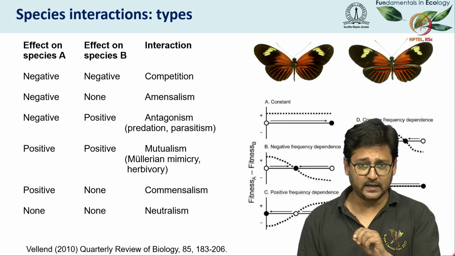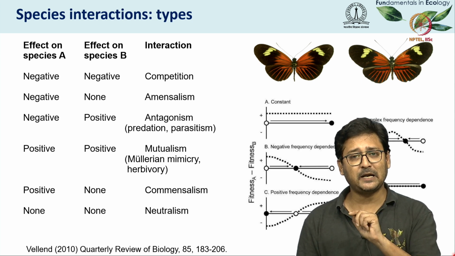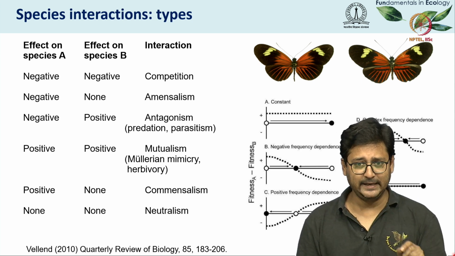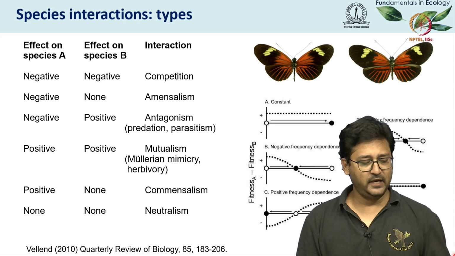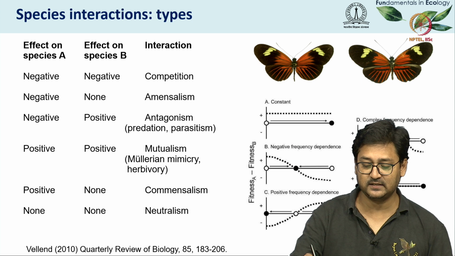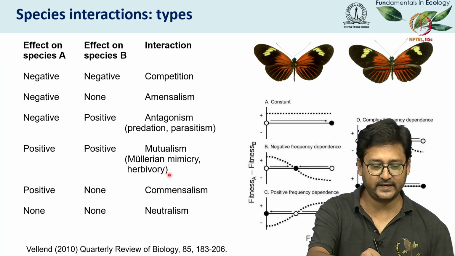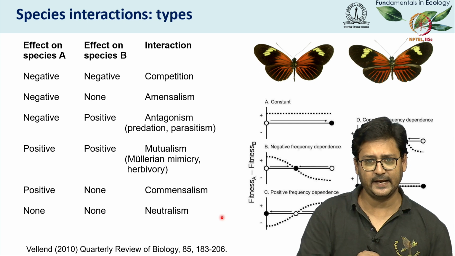In fact, as you increase the abundance of a species, the per capita growth rate comes down linearly. So if on the x-axis you have population size, and on the y-axis you have per capita growth rate, that relationship is linear and negative.